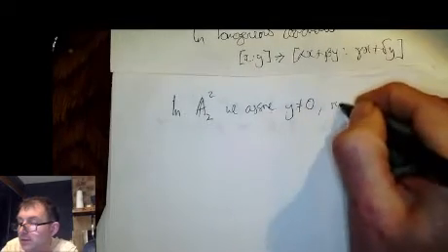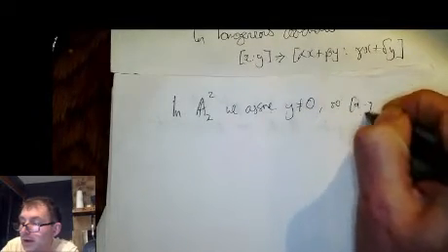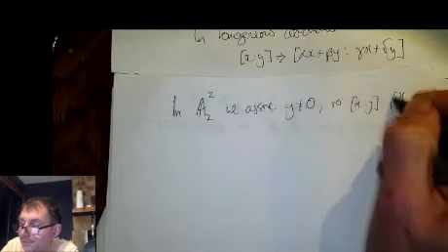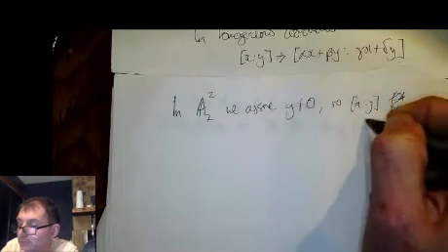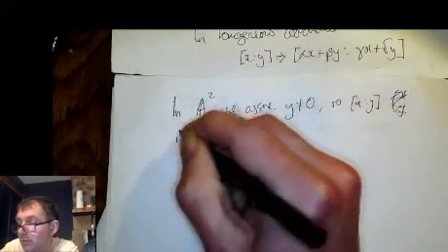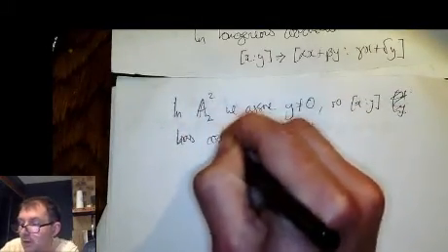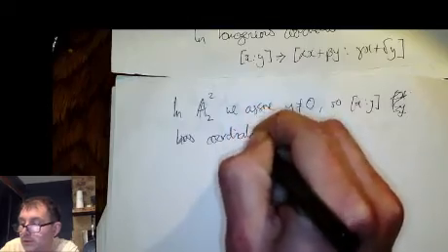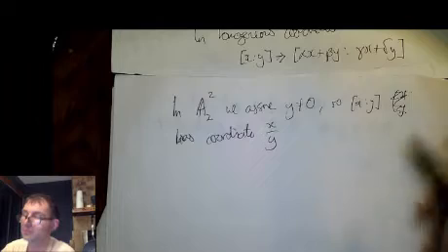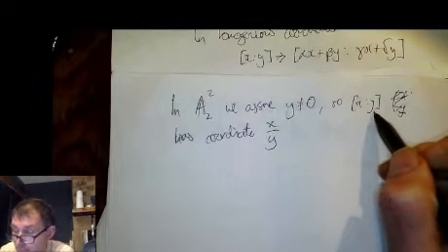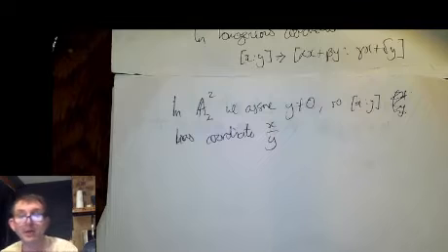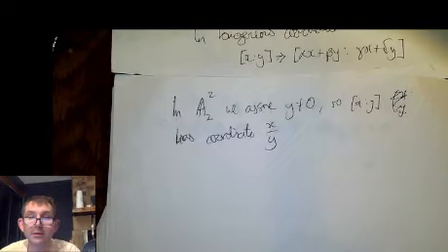So the point (x, y) just looks like x over y. It has coordinates, well, it's a single coordinate because it's one-dimensional, so it has coordinate x over y. Because we assume that if y is non-zero, we can divide by it, and then that's where we get our chart.